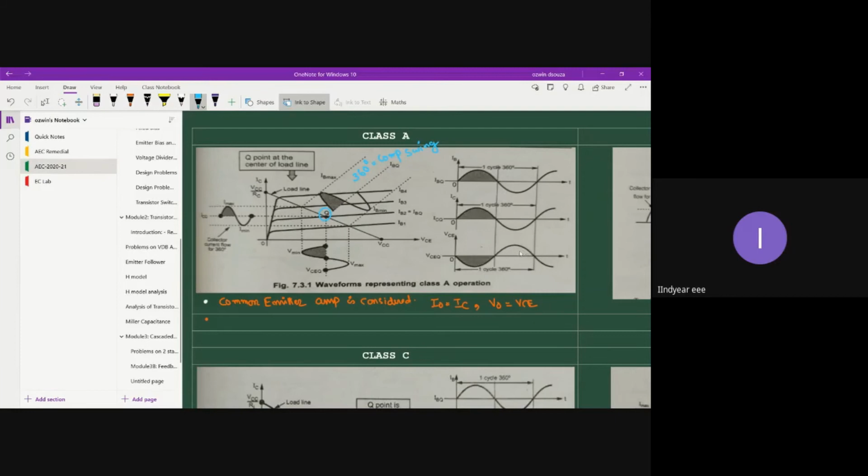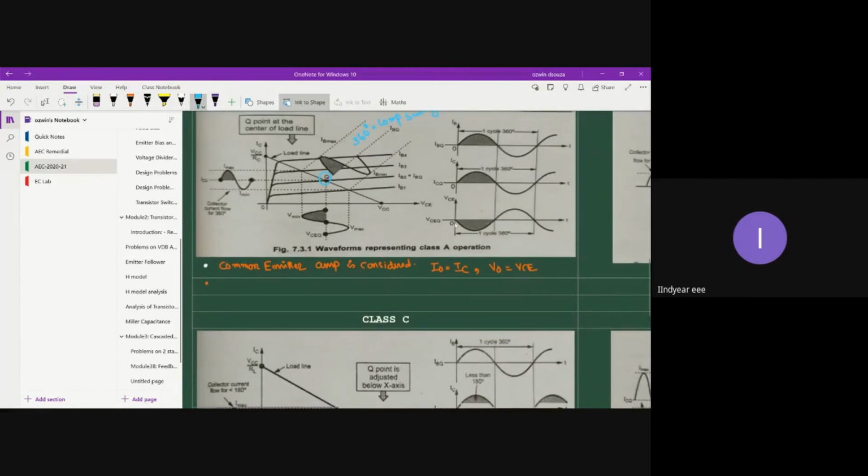Okay, may I know the reason? We have already discussed in module 2 why we have shown the output voltage in the negative cycle. Can anyone tell me quickly? No worries, if you don't tell, I will only tell. Fine.